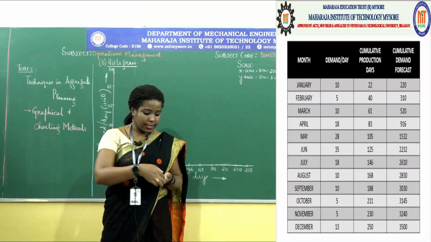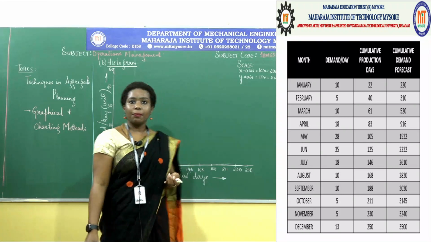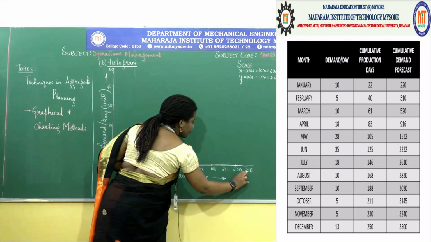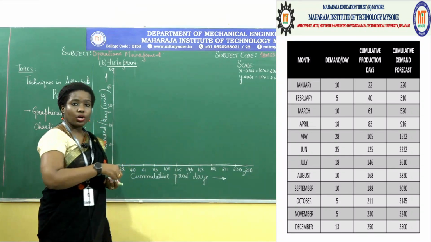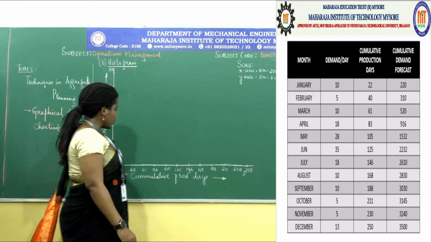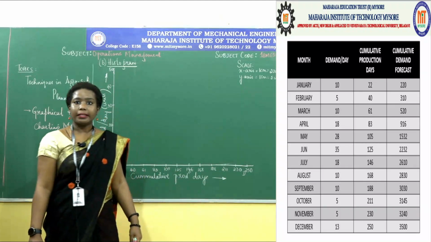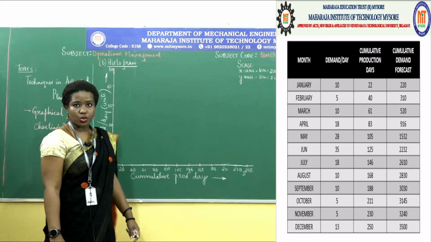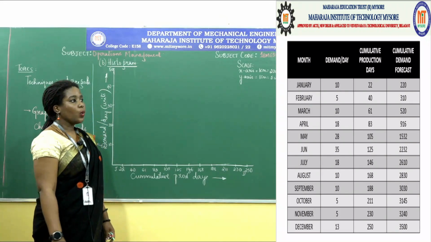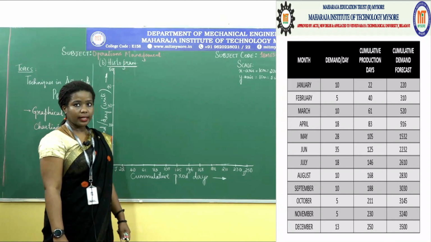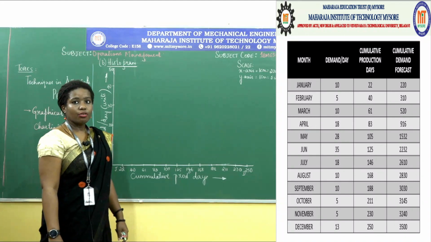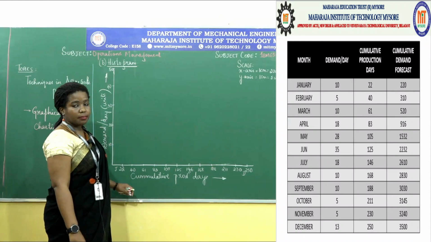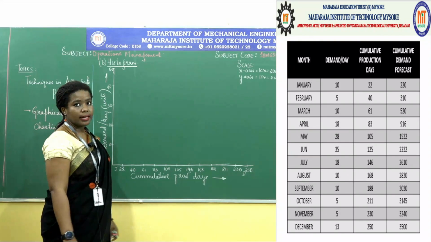Now each of these sections belongs to the 12 months, so you have January to December here. I haven't shown it on the graph, but it is understood that this is all the cumulative production days for all the months mentioned. So now we will plot the histogram as a cumulative requirement. We can see from the table that the cumulative production days for January is 22, and the demand per day for January is 10 units.